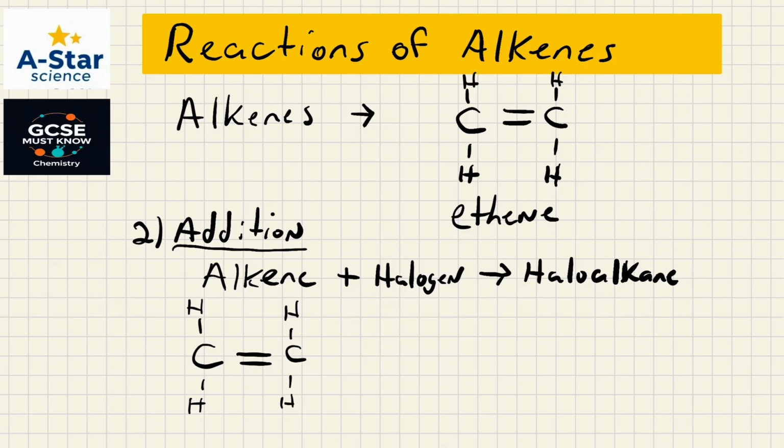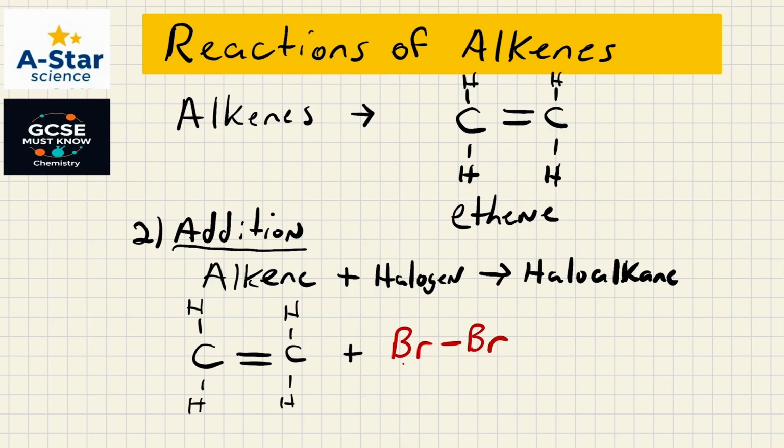And we're going to add a halogen molecule, for example, bromine, which is Br2. And in fact, I'm going to change this as a different color so we can see where they go. So here's the bromine molecule.